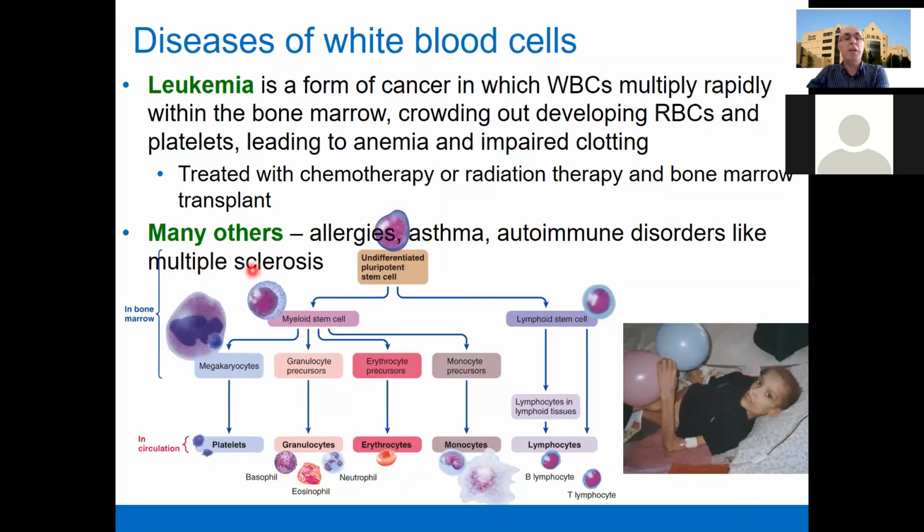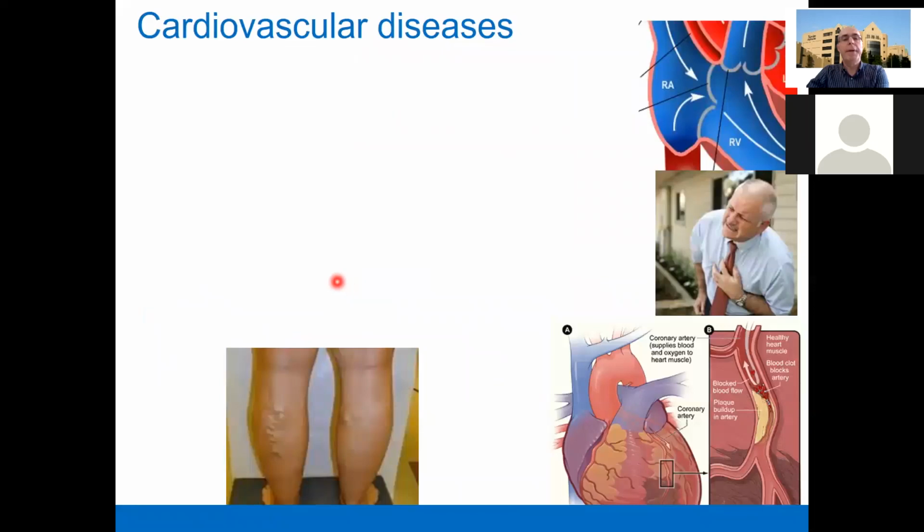Many other diseases involving white blood cells are allergies, asthma, and autoimmune diseases like multiple sclerosis.